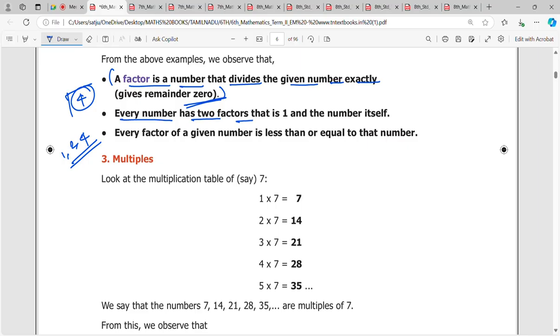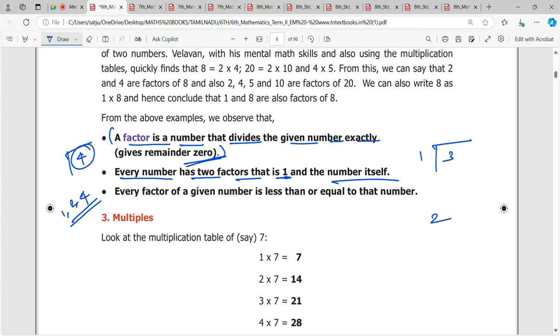Listen very carefully. Every number has 2 factors, that is 1 and the number itself. Every number. For example, let us take 3. It is divisible by 1 as well as it is divisible by 3. So therefore every number has 2 factors. So this is the very important one.